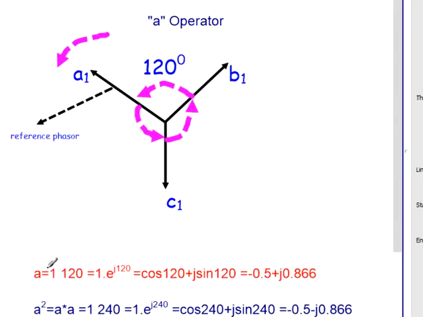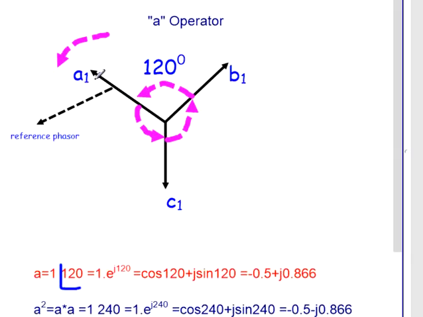What is A? A is 1 at an angle of 120 degrees. When A1 rotates to C1, the displacement is 120 degrees.